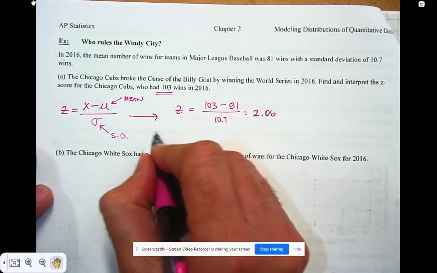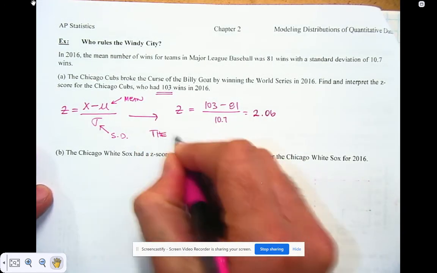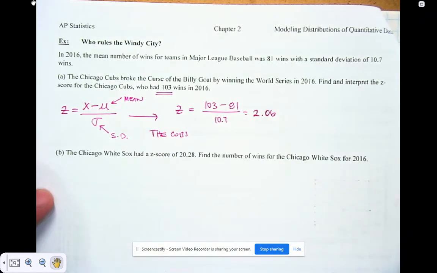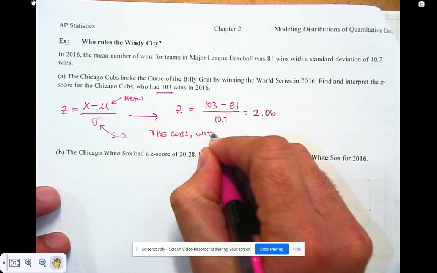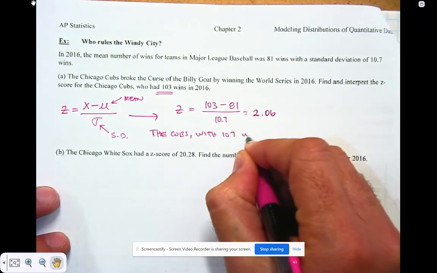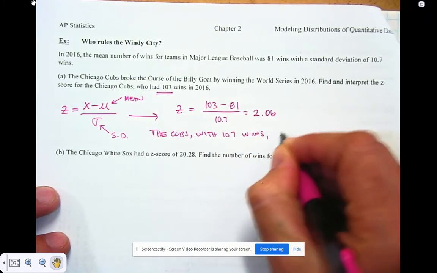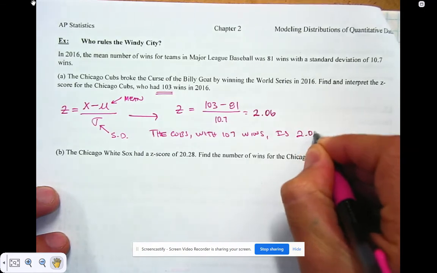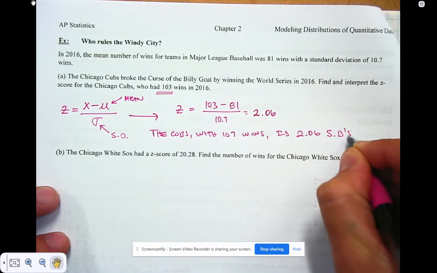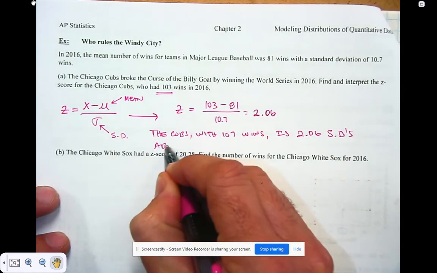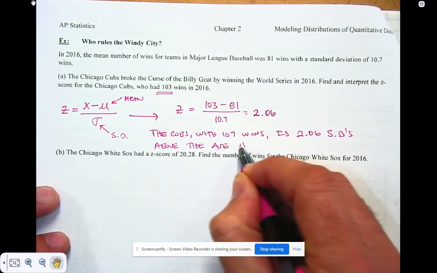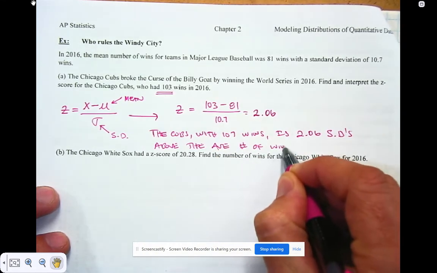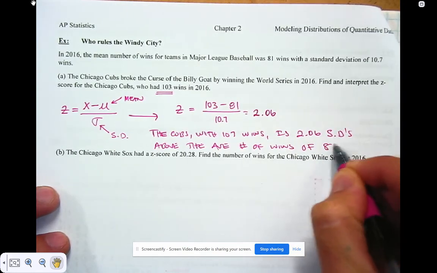So you would say the Cubs, with 103 wins, is 2.06 standard deviations above the average number of wins of 81.